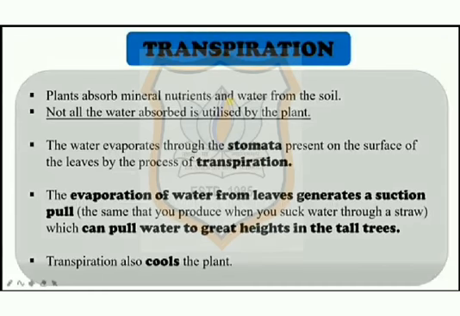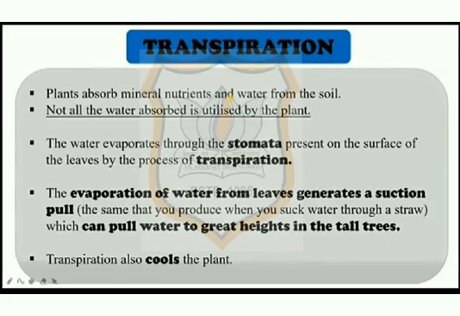Students, in class 6, you have learnt that plants release a lot of water by the process of transpiration. Plants absorb mineral nutrients and water from the soil. Not all the water absorbed is utilized by the plant. The water evaporates through the stomata present on the surface of the leaves by the process of transpiration.